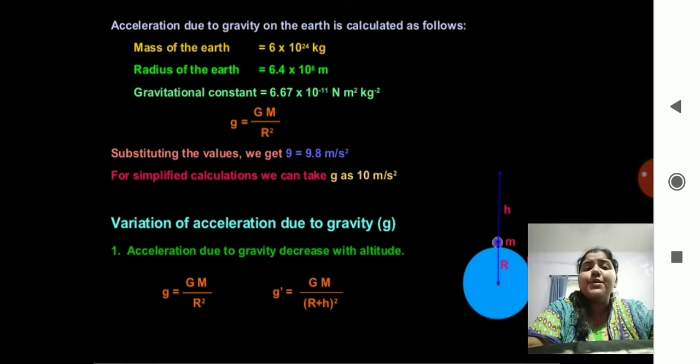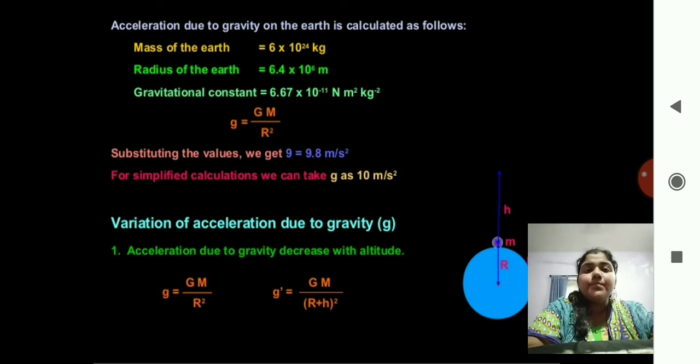We substitute these values, and we get the answer small g is equal to 9.8 meter per second square. So, did you get how this value came? We have considered the mass of the earth, the radius of the earth, and the gravitational constant.